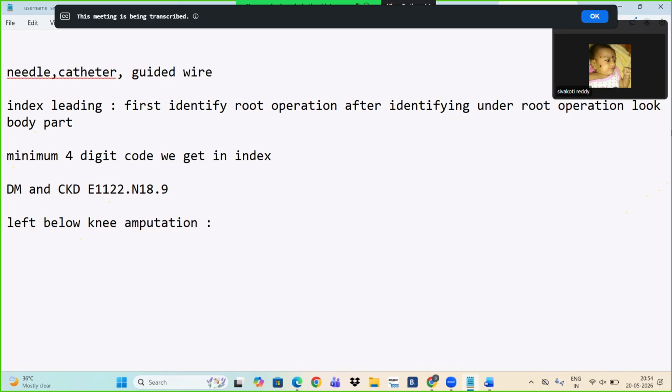Below knee amputation. Left knee, it will be 0Y6J0Z.